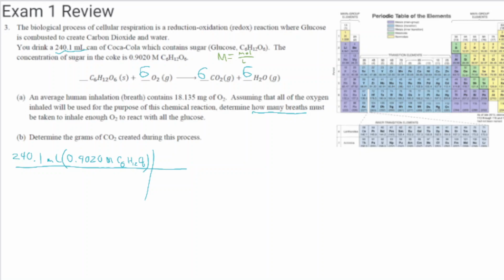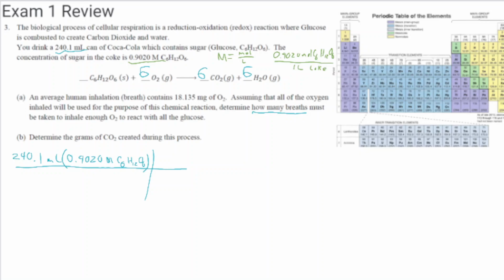So another way of actually reading this number is this is going to be 0.902 moles of C6H12O6 for every 1 liter of our solution, or 1 liter of Coke.